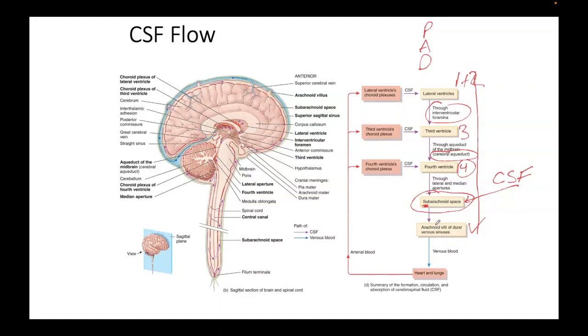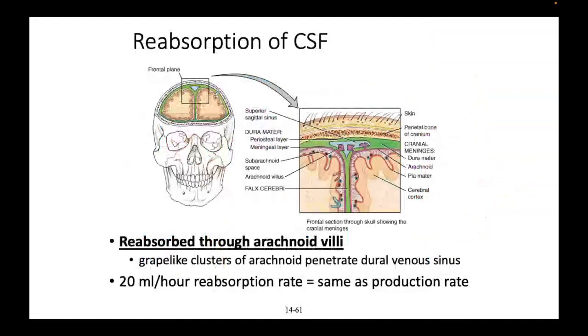And then it's going to get reabsorbed through the arachnoid villi of the dural sinus, which is way, way up at the top, which we see up here. Here's the superior sagittal sinus. Here's the arachnoid villi, this cluster of grapes right here.